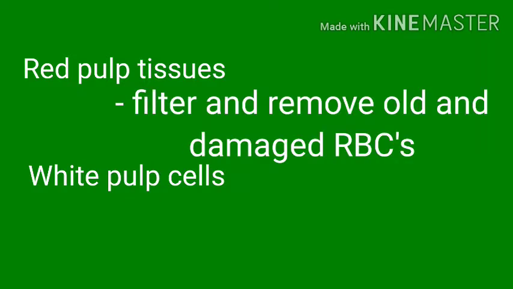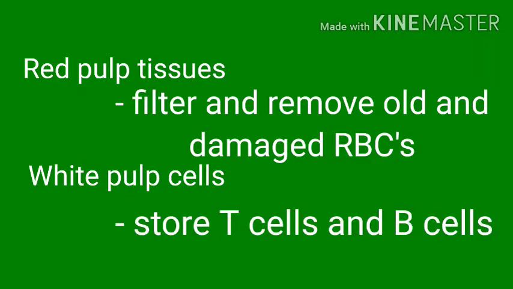Red pulp tissues filter and remove old and damaged RBCs present in the blood. White pulp cells store the T cells and B cells, which are the main components of the immune system.